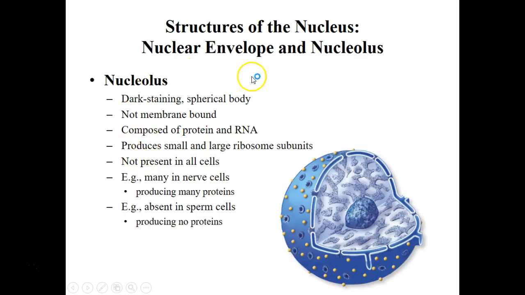We do have some cells that do not contain any nuclei. So red blood cells are an example of a cell type that has no nucleus. And the reason for this is because the red blood cell's function is to carry oxygen.